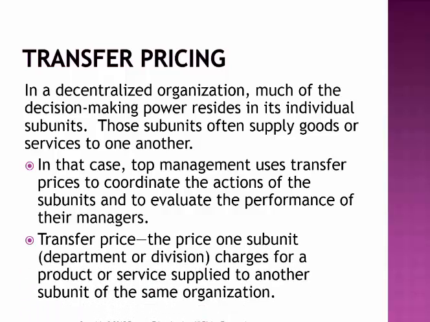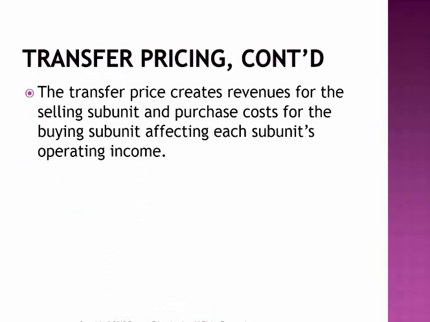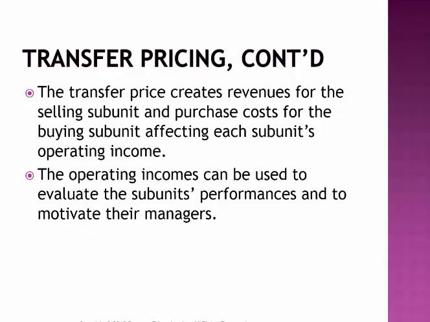All right, so the transfer price is the price that one subunit, department, or division charges for a product or a service that's supplied to another subunit of the same organization. And the transfer price creates the revenues for the selling subunit and purchase costs for the buying subunit, of course, affecting each subunit's operating income.